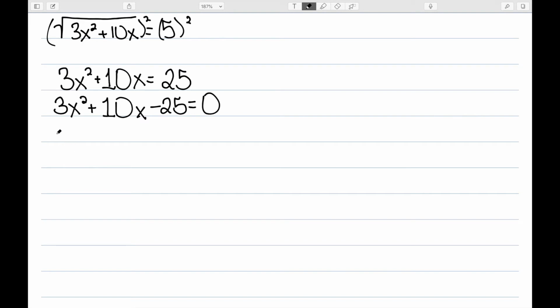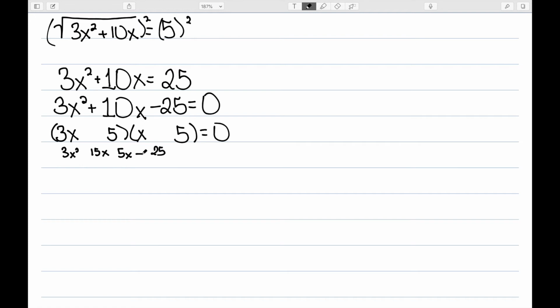And then we want to try to factor this. The only thing that multiplies to be 3 is 3 and 1. For 25, well, we know it's 5 and 5, so let's try that. As we FOIL this, 3x times x is 3x squared. 3x times 5 is 15x. 5 times x is 5x, and 5 times 5 is 25.